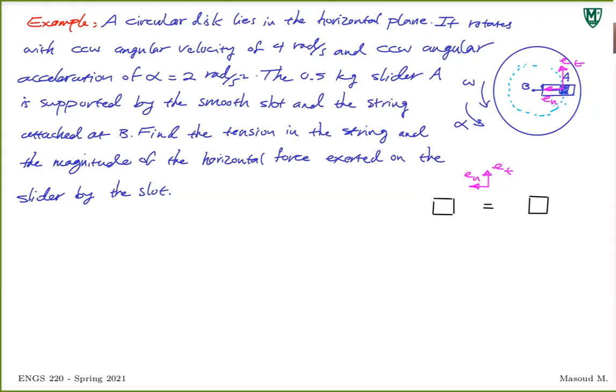Now looking at slider A, I'm isolating this, right? I'm drawing the free body diagram for this. So you can think about this being isolated there, and we are trying to draw the free body diagram for this. Forces.